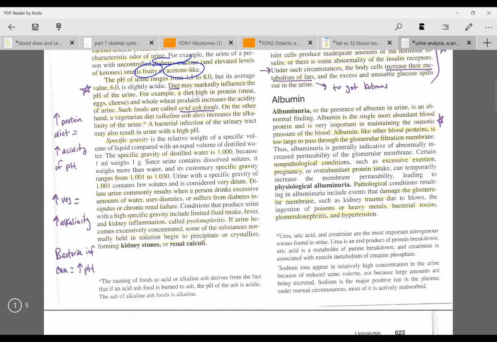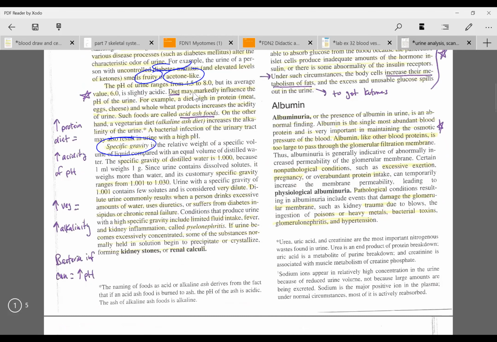Then you'll have another test on there called the specific gravity. Your reference point is distilled water, which is 1.000, because 1 milliliter weighs 1 gram. Distilled water doesn't really have a lot of components in it. There's not a lot of things dissolved in it, so with respect to fluid, it's relatively light.